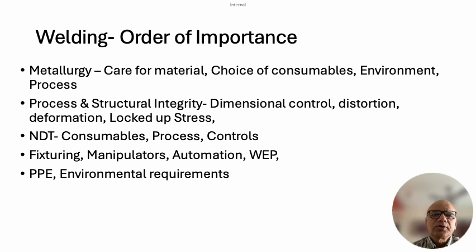So the choice of consumables, environment, if specific environment like discussed earlier, on humidity, on temperature, on dust particles, on overall cleanliness, even using hand gloves like a surgeon or a nurse uses. That means our sweat or any infection which we carry on our hands shall also not be taken towards the weld joints, because that is all harmful for certain alloys.